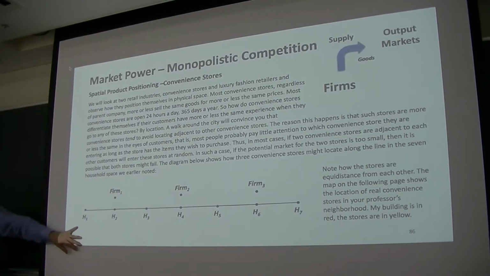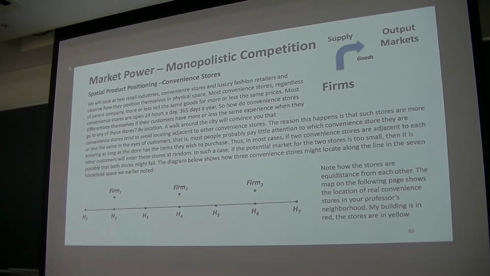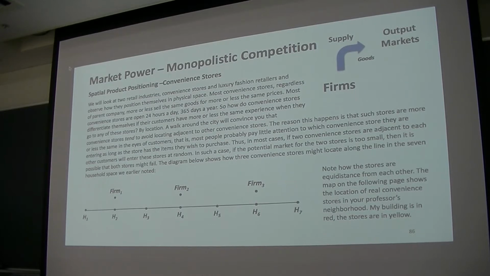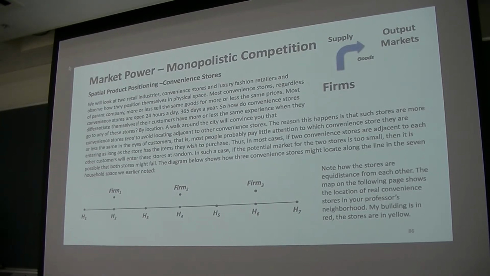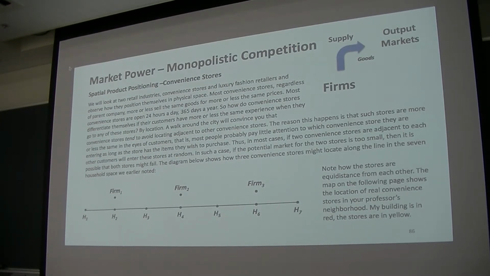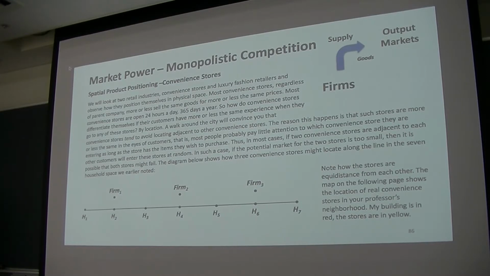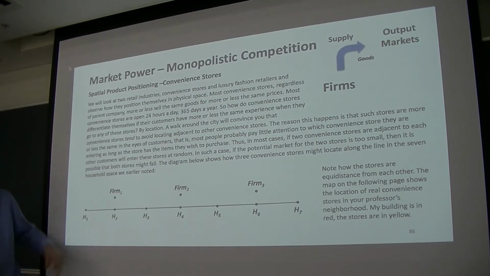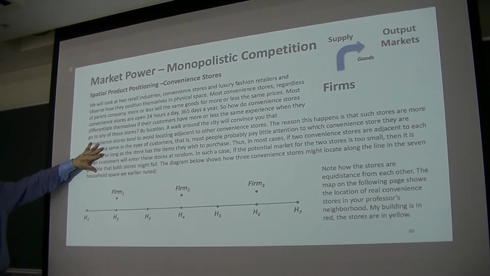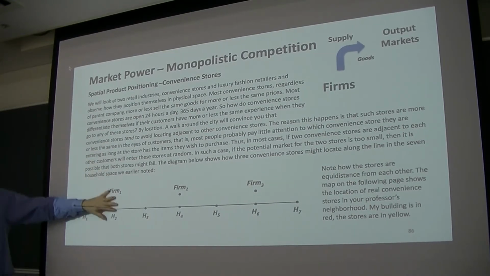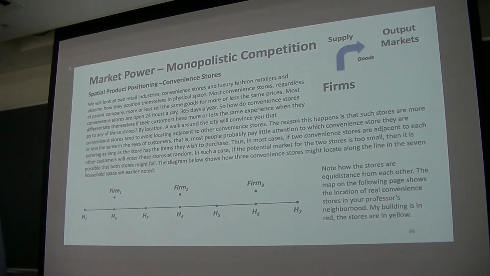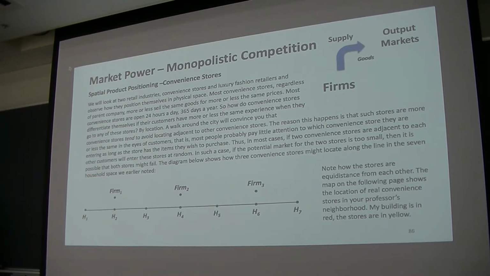The competition between convenience stores. Okay. The competition for convenience stores is in every neighborhood in this city. If you live in this city, this competition is going on in your neighborhood.